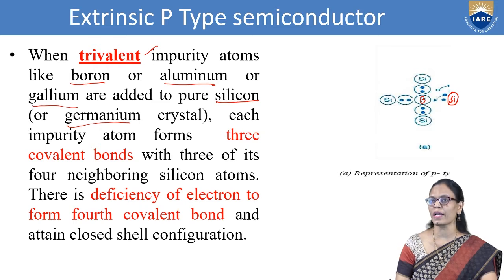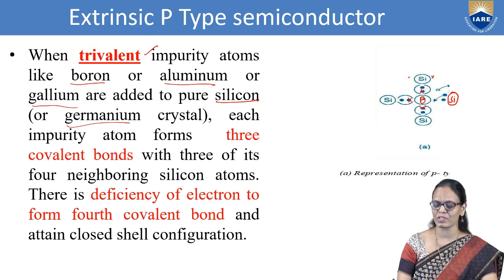Now, this boron atom has 3 valence electrons, 1, 2 and 3, and these are the electrons that belong to silicon. Silicon will have 4 valence electrons, of course, like this.